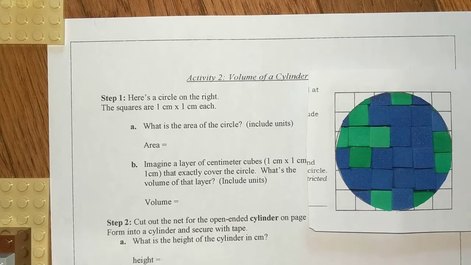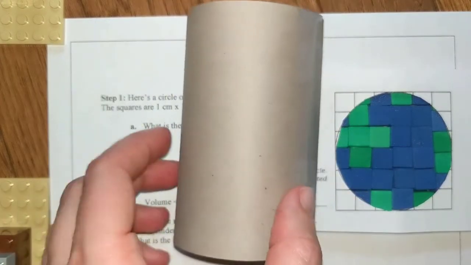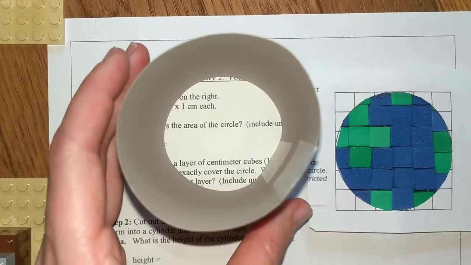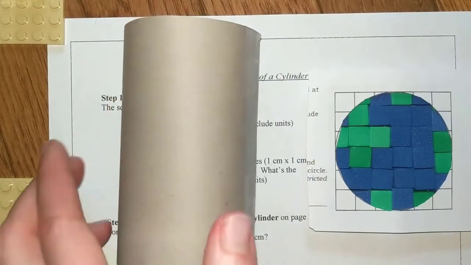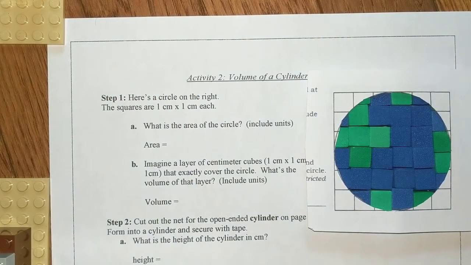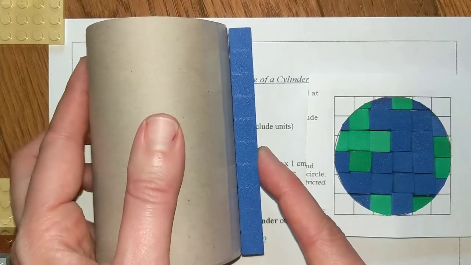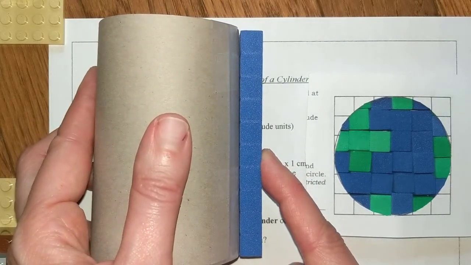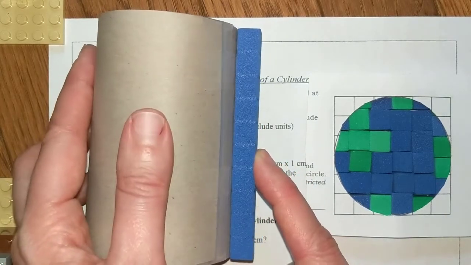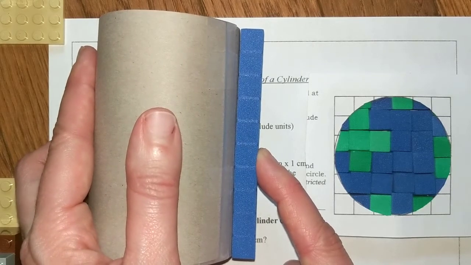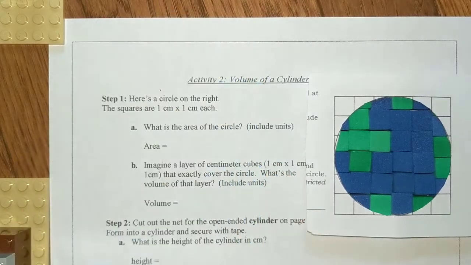Okay, and now it asks about this cylinder here that we use in a couple of the activities. It asks you about the height of this cylinder, and I'll just show you, these are very well designed manipulatives from this activity. Here's a 10, so it should be 10 centimeters, because each of these is 1 centimeter.